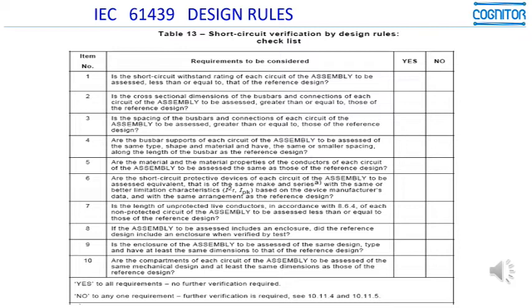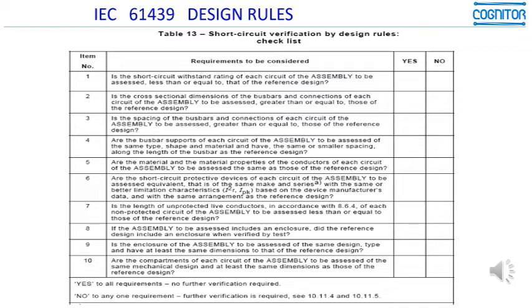Are the bus bar supports of each circuit of the assembly to be assessed of the same type, shape, and material, and do they have the same or smaller spacing along the length of the bus bar as the reference design?